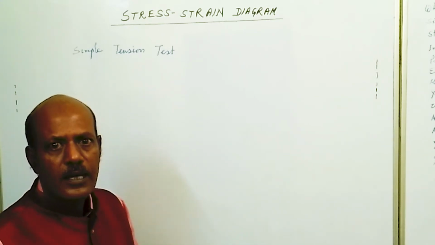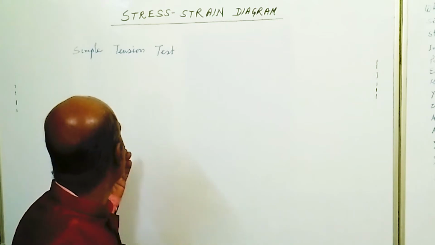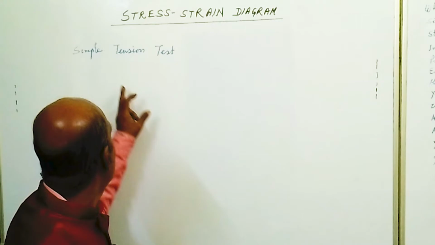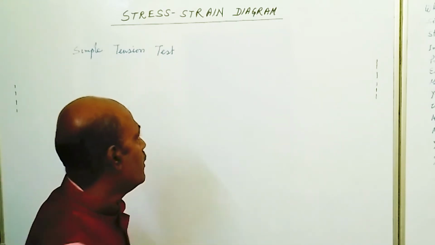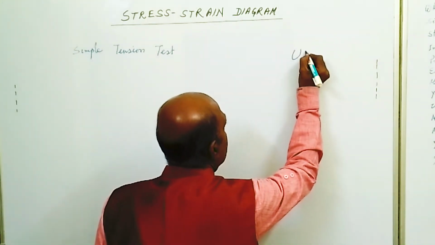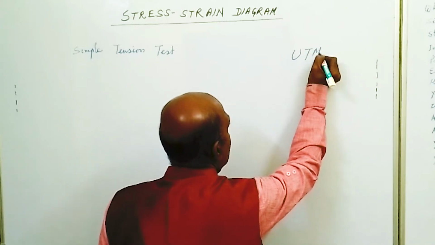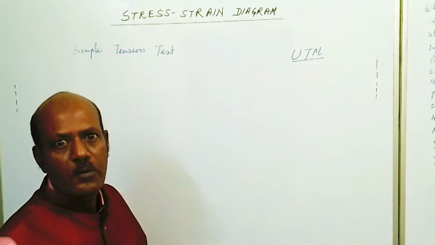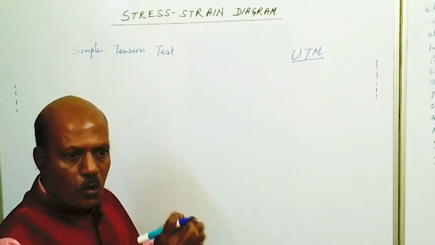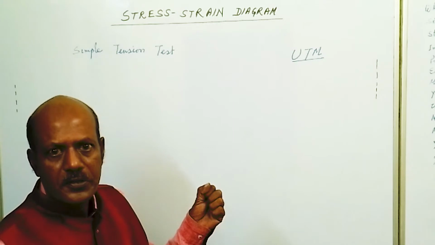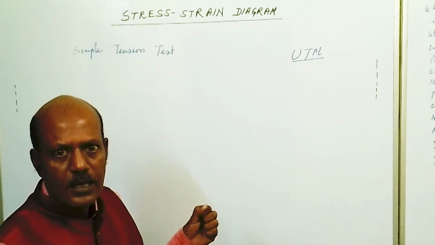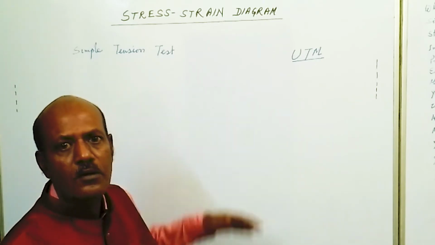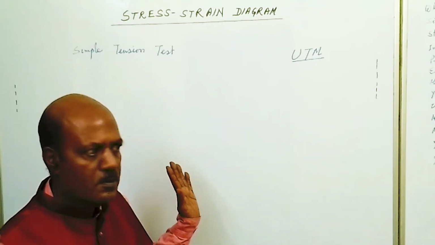That machine is known as the universal testing machine. The standard test specimen is attached to the UTM, that is the universal testing machine, and the machine is switched on. Thereby a gradual load is applied over the specimen. Slowly the specimen will increase in length because of the tensile load, and this test is carried out up to the breaking of the specimen.